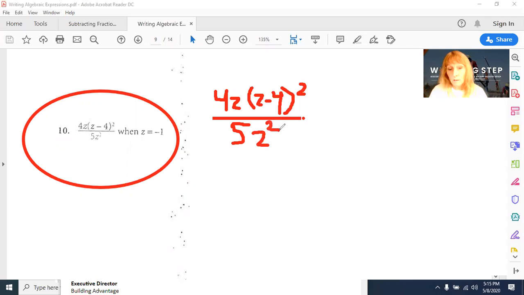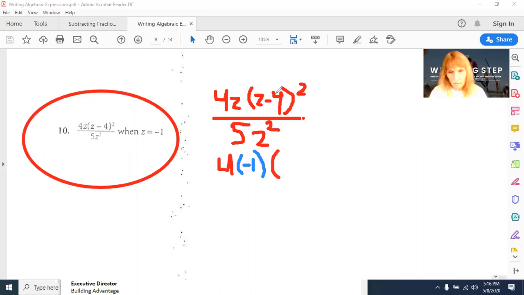Okay, let's plug in -1 every time we see a z. So we're going to rewrite 4, and now we're going to plug in our z value of -1. So times -1. And all of that, the quantity of times the quantity of z.